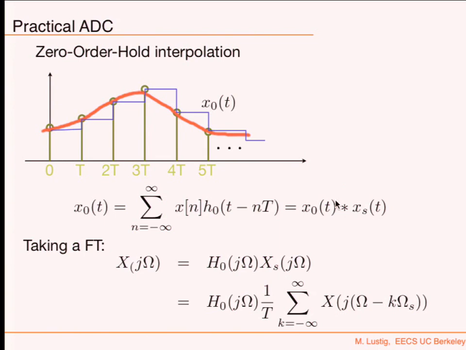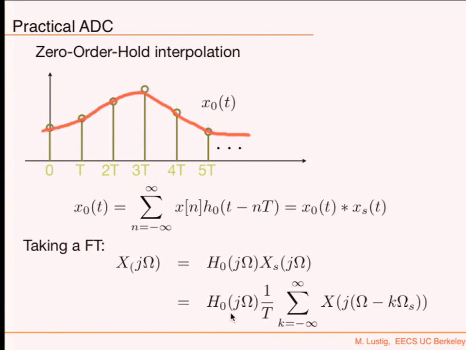It's exactly the same. So in the frequency domain, it is the multiplication between the Fourier transform of this zero-order hold filter and the frequency of the sampled signal. The frequency of the sampled signal is the original signal that is replicated, and then multiplied by a sync function in the frequency domain.